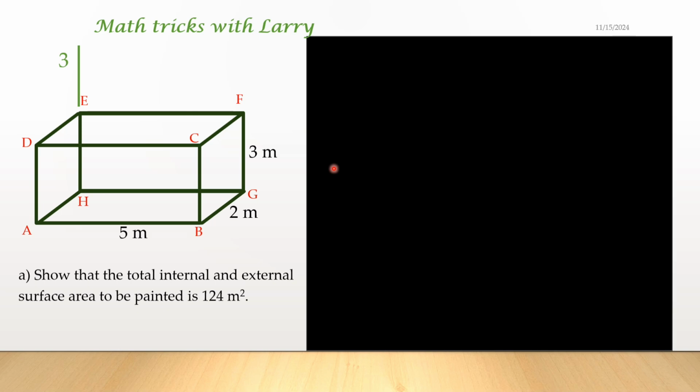part by part. So we will start with the surface area ABCD. If we look at the surface area ABCD, we will get its area as 5 times 3, which is 15 meters squared.